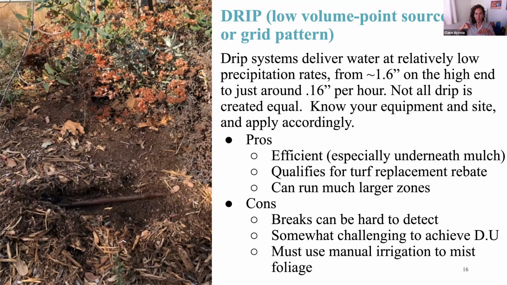I'll get into those in a little bit, but generally drip systems deliver water at lower precipitation rates. 1.6 inches is definitely a high end amount of water for a drip system, and they go down to like 0.16 inches per hour. So you have much longer run times with drip because you typically want to put down more than 0.6 inches for your native plants. But that's also because they have a lower volume. Again, they're putting out less water than the sprinklers.